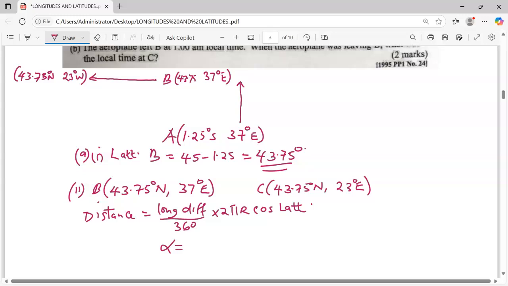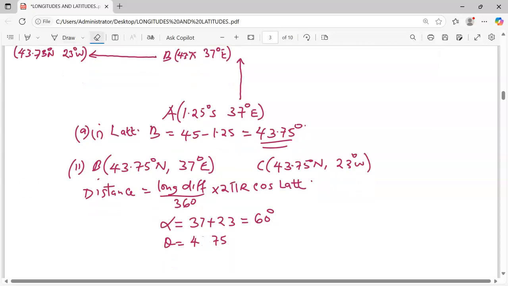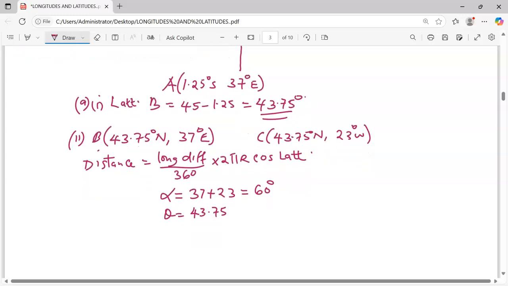One is to the east and another one is to the west. C is 23 degrees west, and if it is east-west, we are going to add the 2. That is 37 plus 23, giving us 60 degrees. Then our theta, which is the latitude position, is going to be 43.75. Once we have gotten that, we now substitute the 2 into the formula to get the distance.